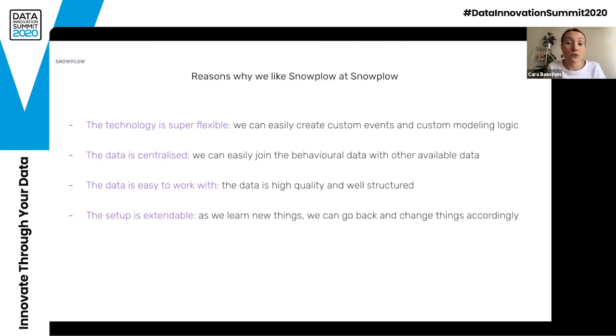So we want to filter out and only look at the people who are actually looking at our product or pricing pages after and are not looking at the careers site, or people who maybe even request a demo with our sales team and then reach out. So we want that extra information. And because we have our own data model that runs on top of the raw data, we can easily go and change that. Then we can rerun it over the entire history of raw data that we have to make sure that all of our reports reflect our new findings. And so that's really useful as well.